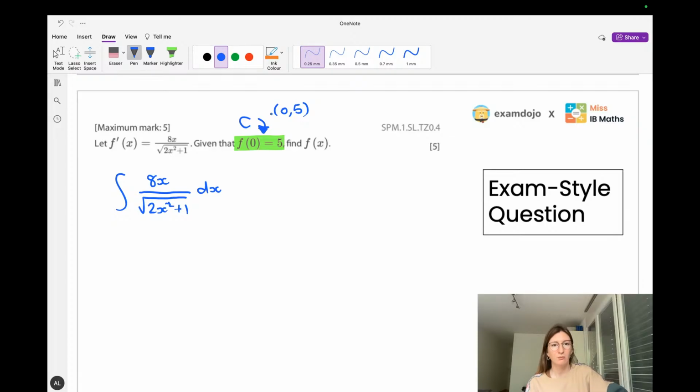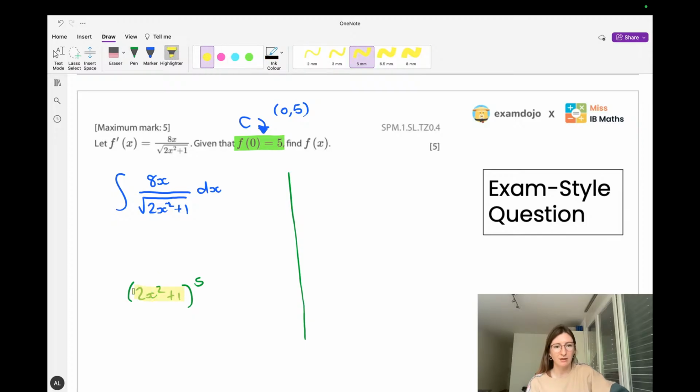So this would be where we're using u substitution. So we're going to have to substitute a u, and usually it's an inner function. So when you see a square root, when you see brackets like 2x squared plus 1 to the power of 5 or something, then this is what we would have as our u, our inner function. Or if you have root 2x squared, these are all things you need to look out for that are indicators of u substitution.